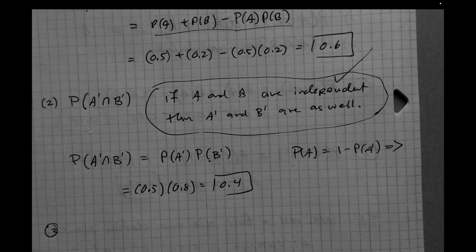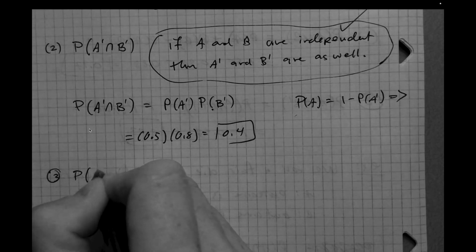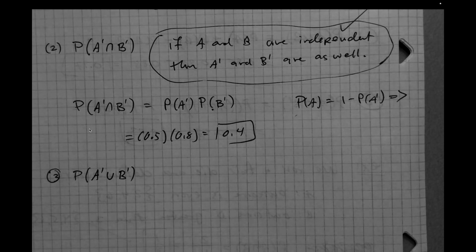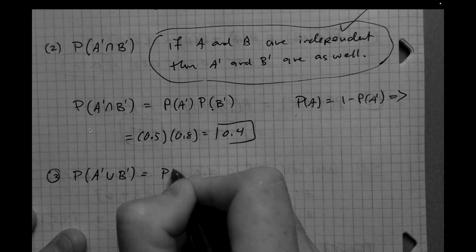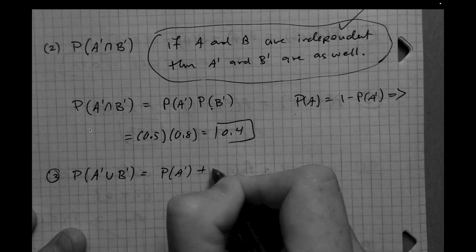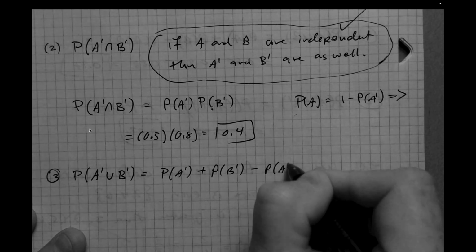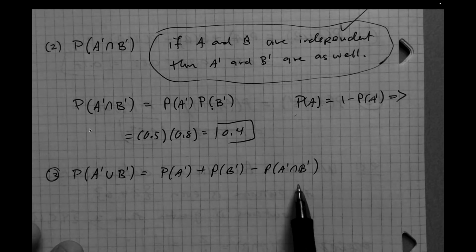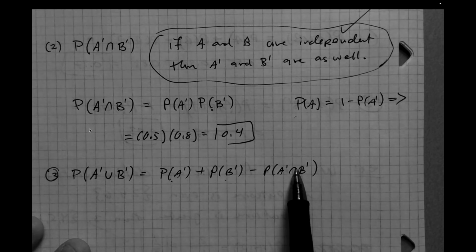For 3, what are we trying to do? We've got the probability of A complement or B complement. Let's write this out and use the additive law. This is the probability of A complement plus the probability of B complement minus the probability of A complement and B complement. We know all 3 pieces because we just did it.